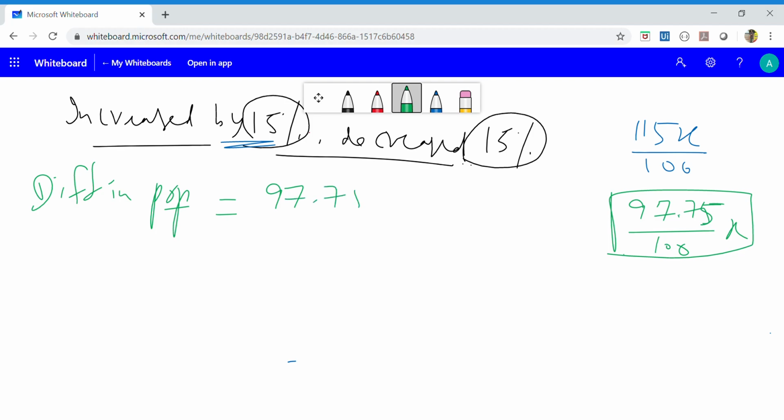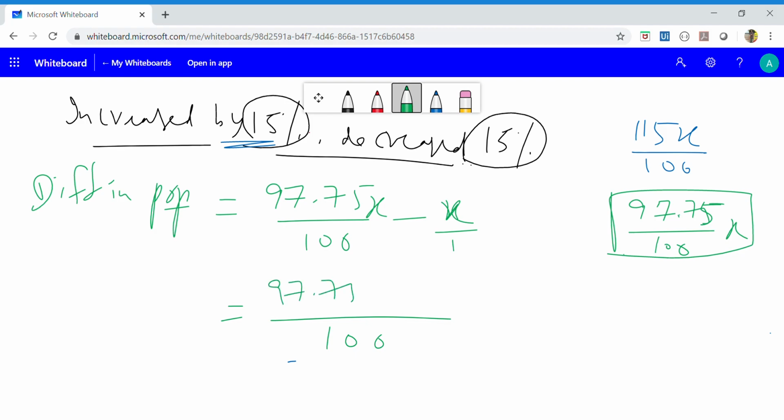So 97.75x by 100 minus x, by taking LCM, 97.75x minus 100x, is minus 2.25x by 100. As it is a negative value, the population has decreased.